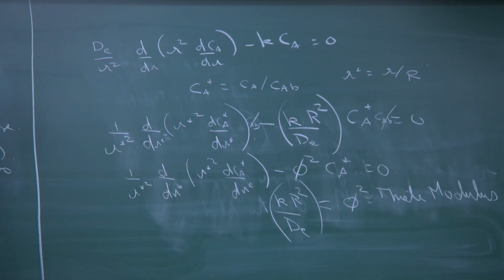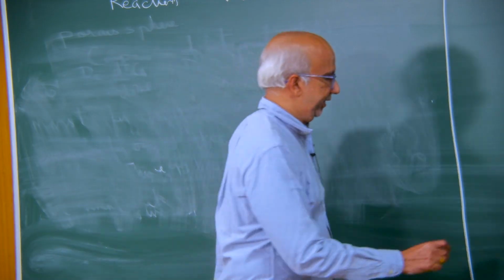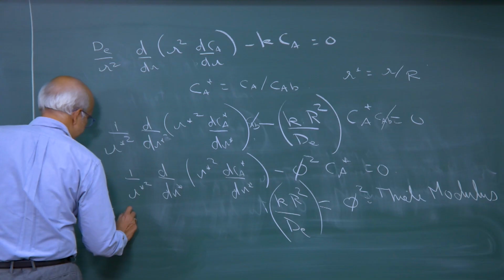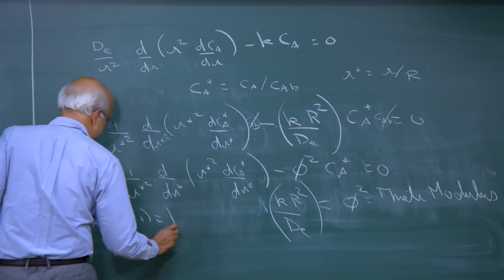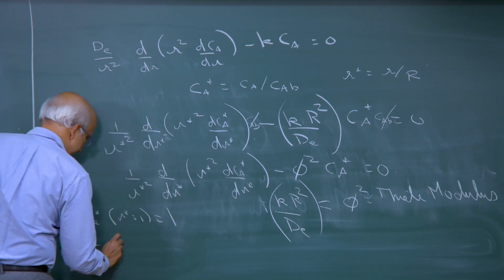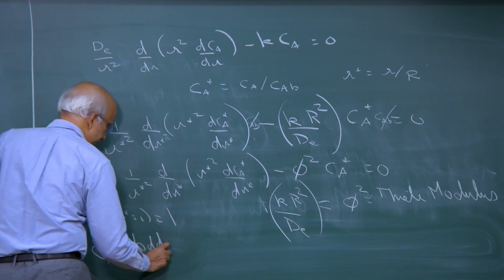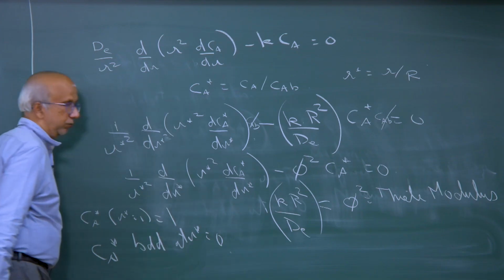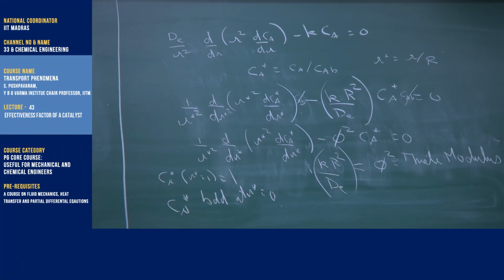okay. So, now the boundary condition will be something: Ca star at r star equal to 1 is 1, and Ca star is bounded at r star equal to 0, okay. So, how do you go about solving this?